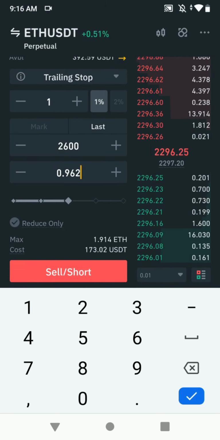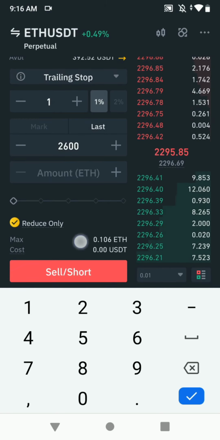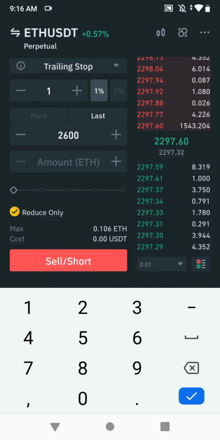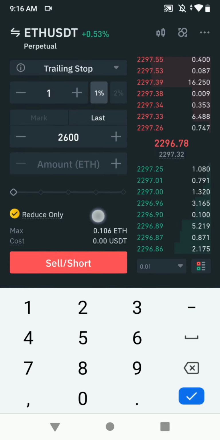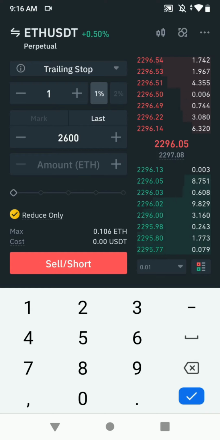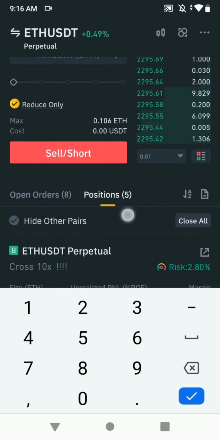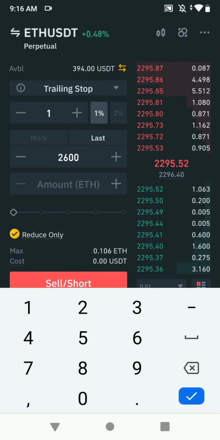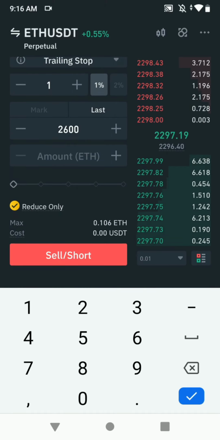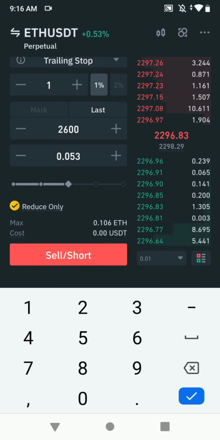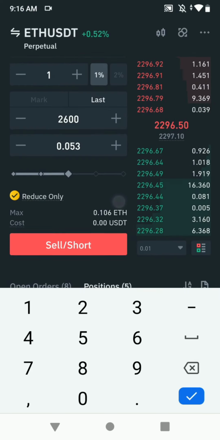Don't forget to check the reduce only button. If we don't click on the reduce only button while our position is already activated, we have already taken a position, then this opens a position against our current position, and we get some loss. So I would like to close 50% of my size here, and I will click on sell short.